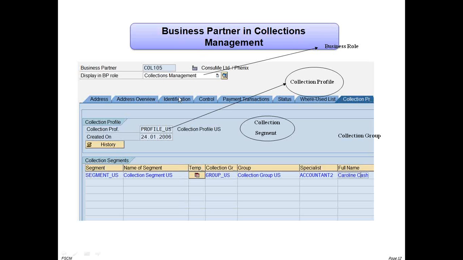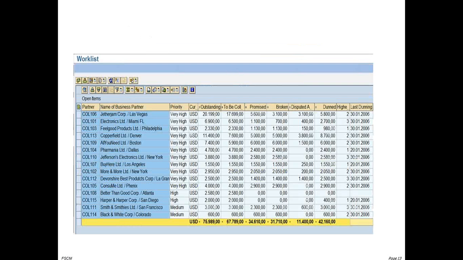And collection segment again has some linkage with the company code. How it is going to be done, I'll explain in future. Collection group: a specific person from a specific group is going to contact the business partner. That group is nothing but the collection group.